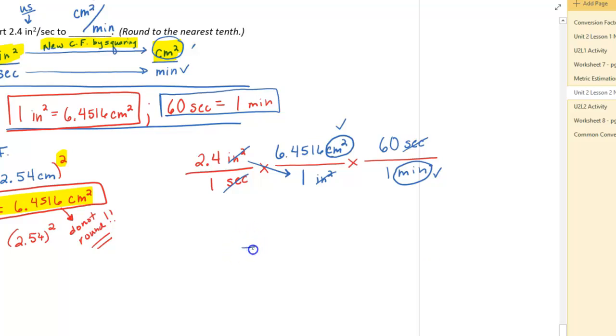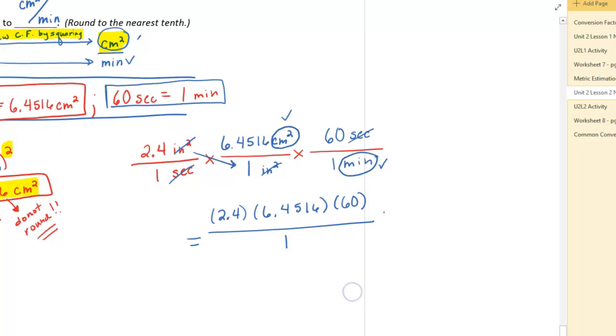All right, so we're finally ready to pick up our calculators again to do the math. In the top, you're going to do 2.4 times 6.4516 times 60. And in the denominator, it's just 1 times 1 times 1. So in the calculator, you're going to multiply these three values together. You should get 929.0304.